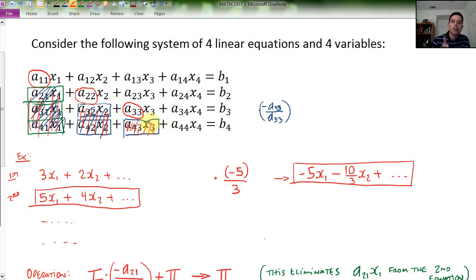Now you notice that if those pivots are small numbers, for example if a11 is 0.0003, then you're dividing the whole first equation by a very small number, which makes the coefficients of the first equation big numbers, right? When you divide by a very tiny number, you create a big number.